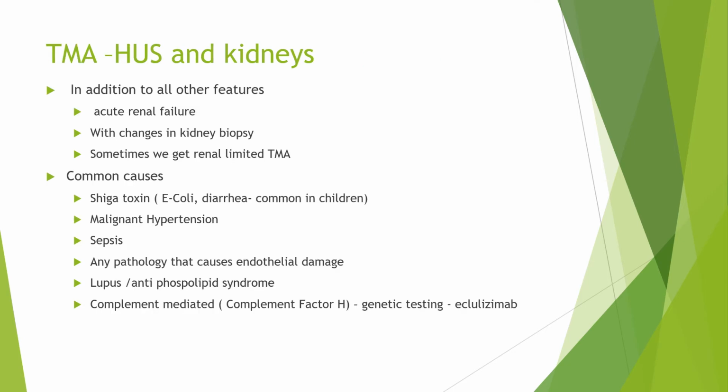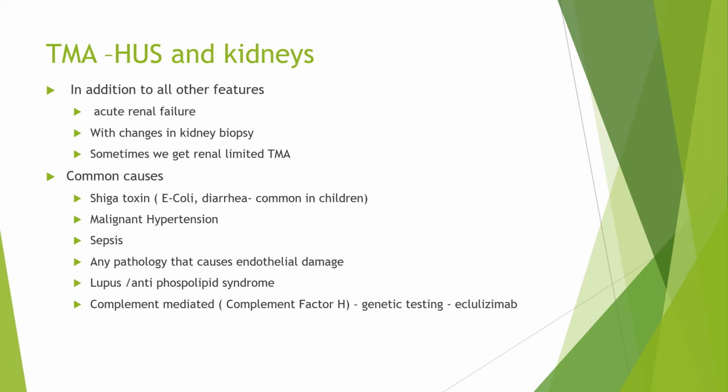So, how does TMA/HUS affect the kidneys, and how do we diagnose this? As we said before, TMA is a histological diagnosis, but before we go there, we need the blood work as discussed in the previous slides. We also need a kidney biopsy to look for TMA.